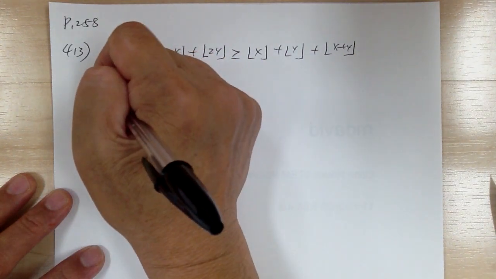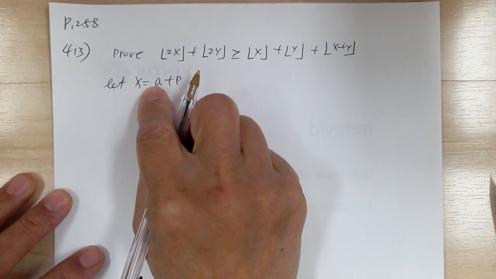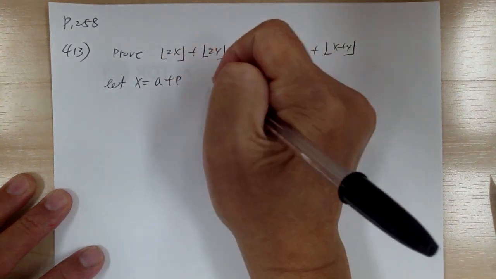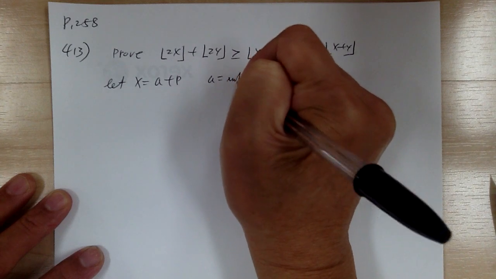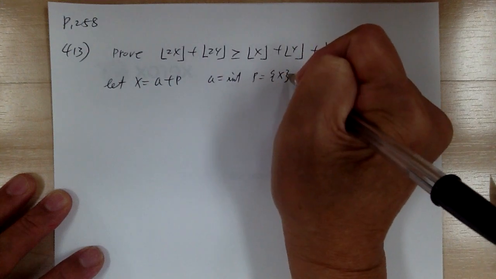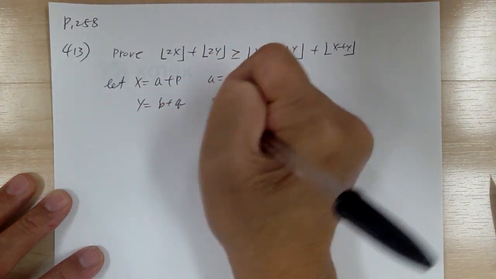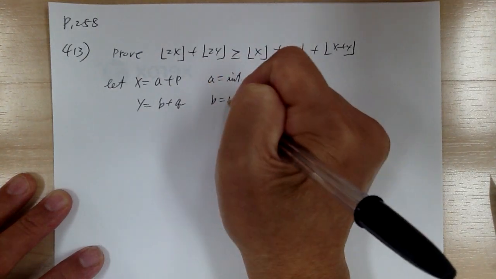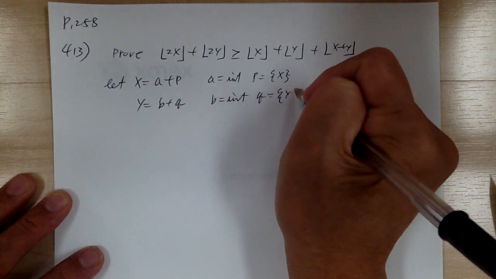So what you do is you let x equal to a plus p, where a is an integer and p is the fractional part. Same thing, let y equal to b plus q, where b equals the integer and q equals the fractional part of y.